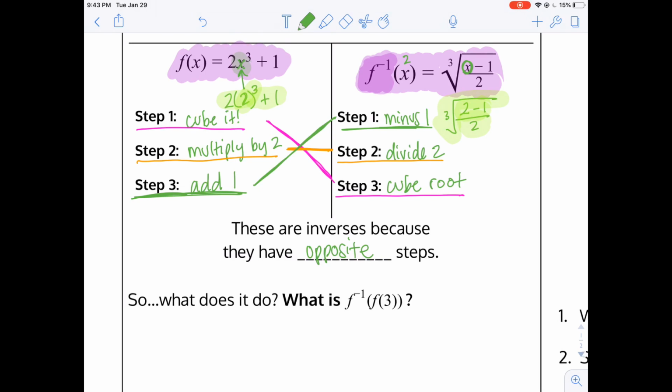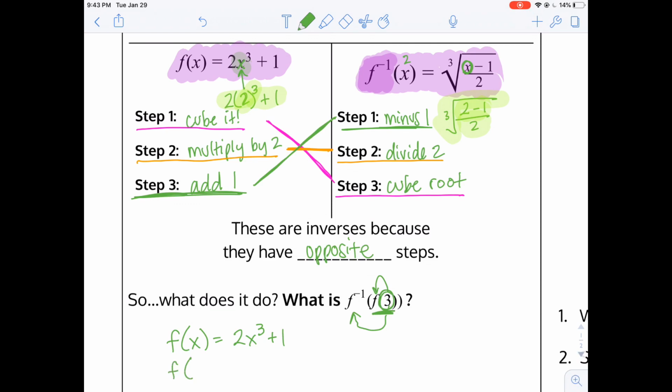So what we're going to do is see what happens. We're going to plug the 3 into f. This is like f of g of x, like this, right? We're going to take the 3 and put it in the f, and then whatever we get, we're going to put into f inverse. So we'll put 3 into f here. The f equation is 2x to the third plus 1.